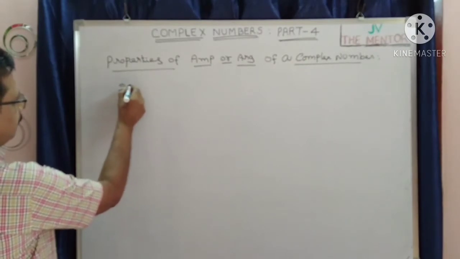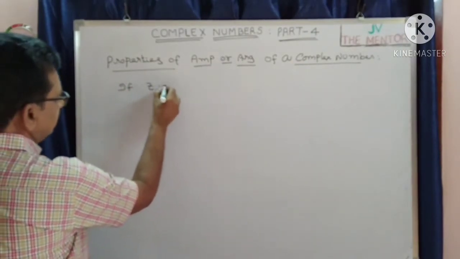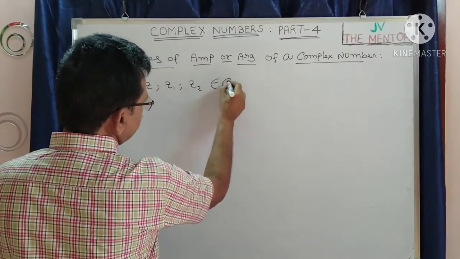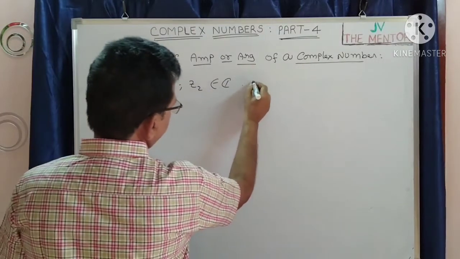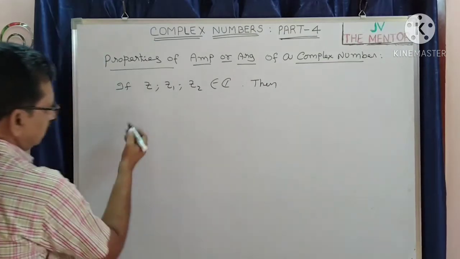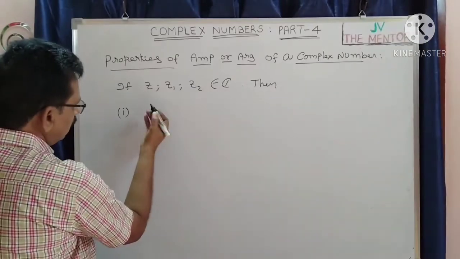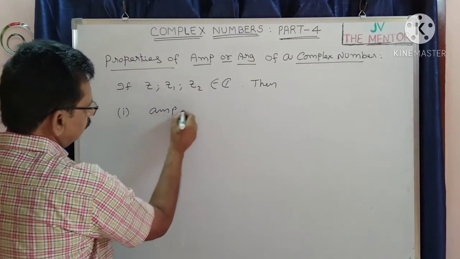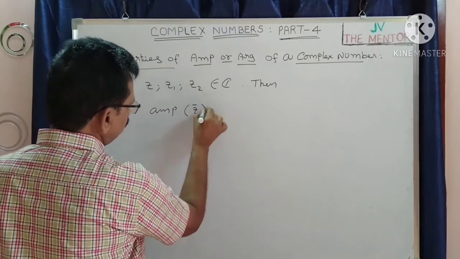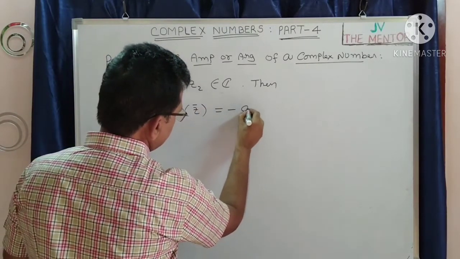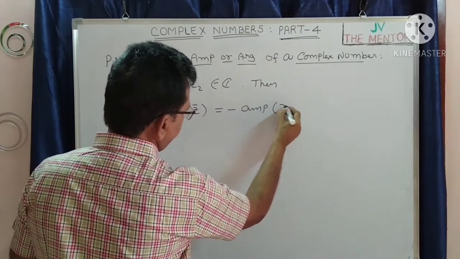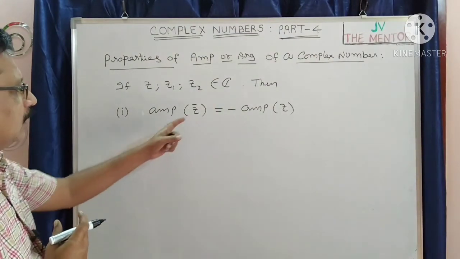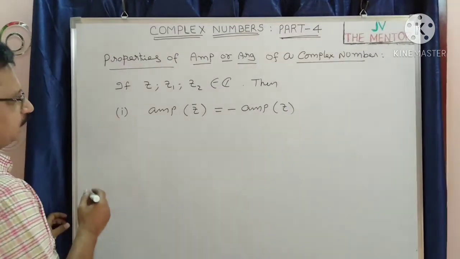If z, z1, z2 are three complex numbers, then first one, amplitude of z bar equal to minus amplitude of z. Amplitude of z bar equal to minus amplitude of z.